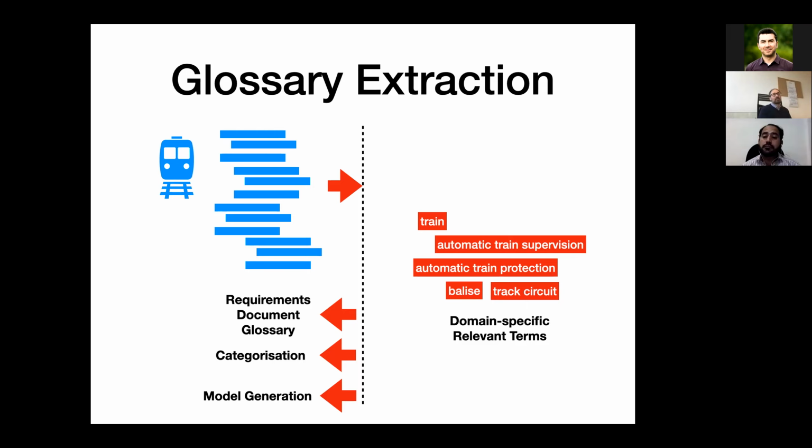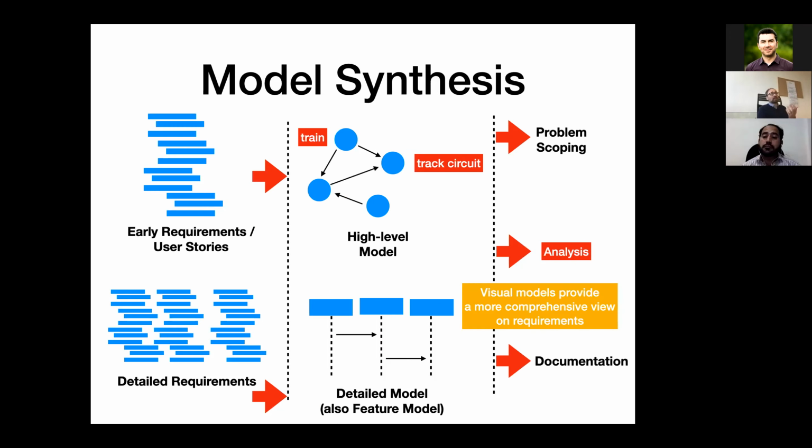For example, I have a large set of requirements and I want to see what are the relevant terms that I want to include in my glossary, or I may want to include these terms as labels for my categorization, or I can use them later on for model generation, because I don't want just to generate terms, but also relationships between relevant terms, so that I can build a model. Model generation, also called, like in this slide, model synthesis.